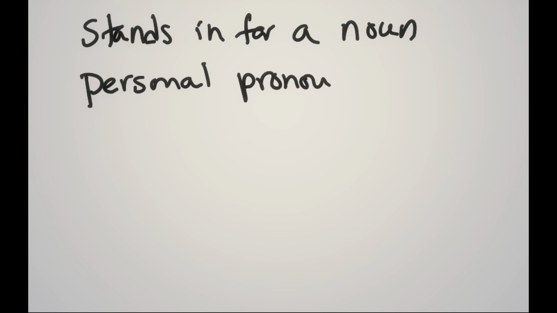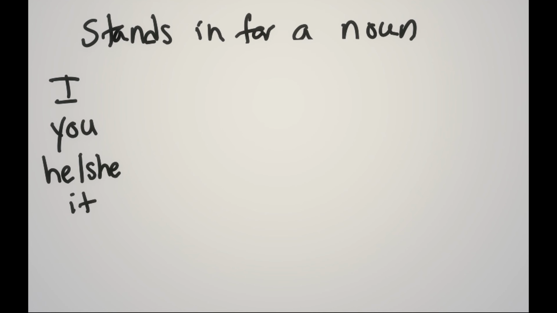This is a broad category, and the ones that we are reviewing are called personal pronouns. They refer to specified people. These include I, you, he, she, it, we, you, they.